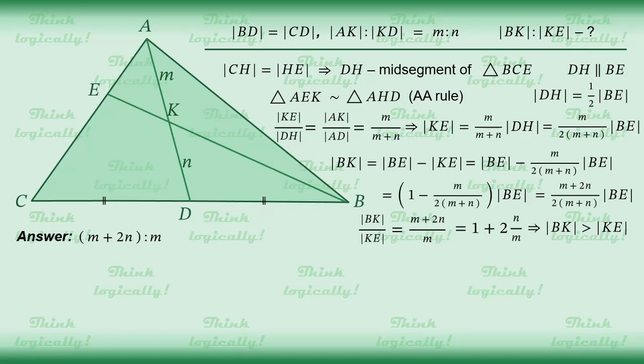So the ratio BK to KE is also 2, which isn't really a surprise, as we expect segment BE to be a median as well. When M over N is less than 2, the ratio BK to KE is greater than 2, while when M over N is greater than 2, the ratio BK to KE is less than 2, but still greater than 1.